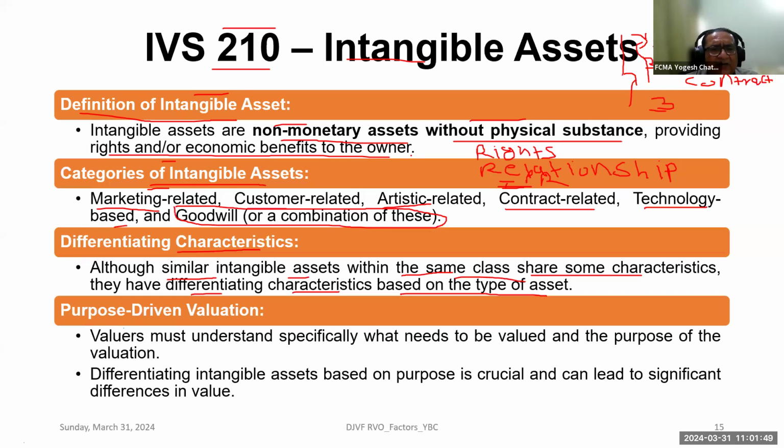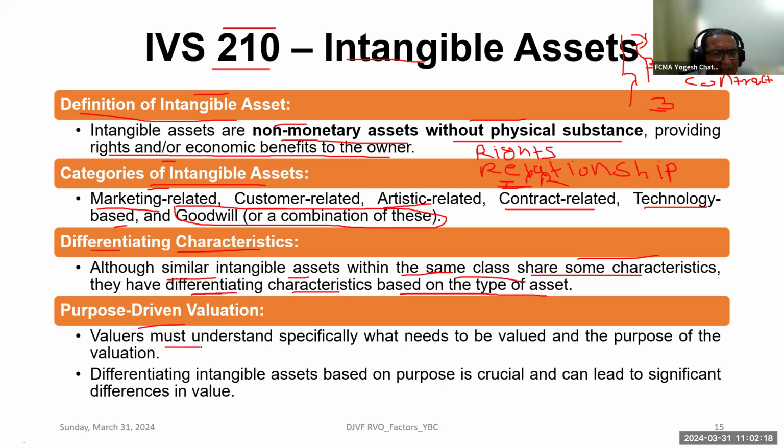And executed contract detail will always have less value as compared to a customer relationship which is ongoing. That is what is highlighted here. Although similar intangible assets within the same class share some common characteristics, they have a differentiating character, as we have seen, based on the type of asset.